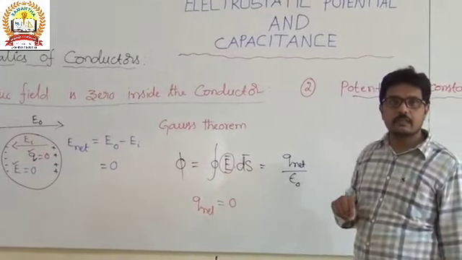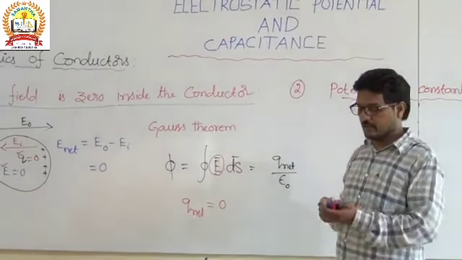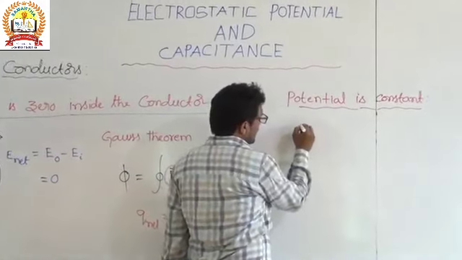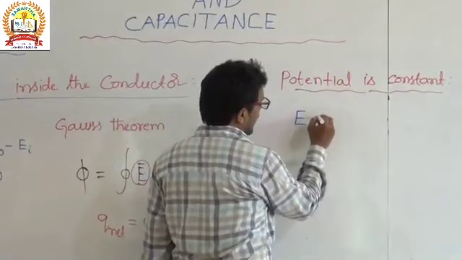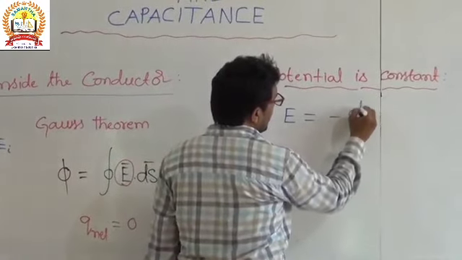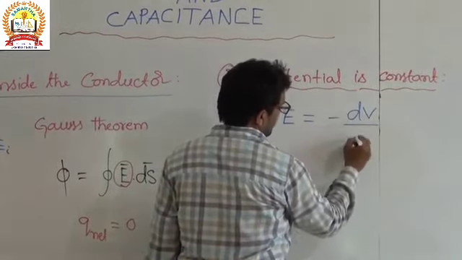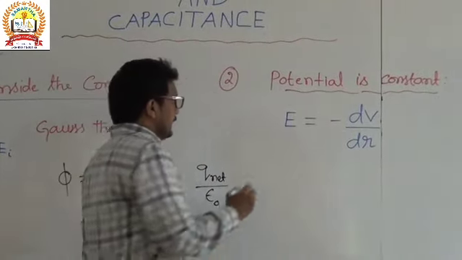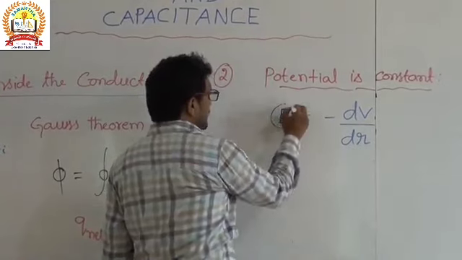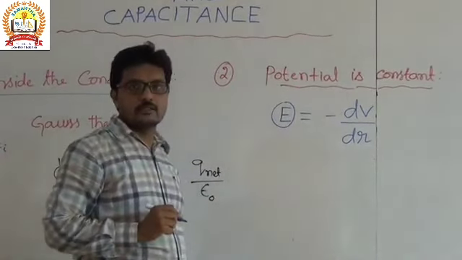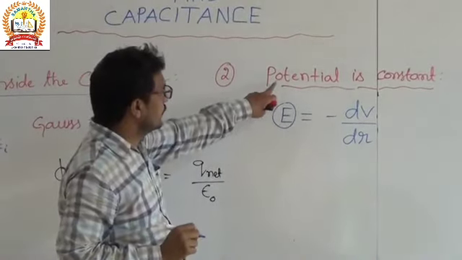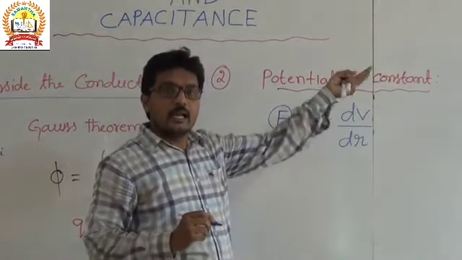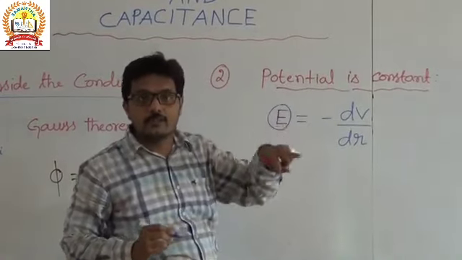We know the relation between electric field and potential: E is equal to minus dV by dr. Here, from the first one, the electric field inside the conductor is zero, so the potential is constant inside the conductor, and that will be equal to the potential on the surface of the conductor.